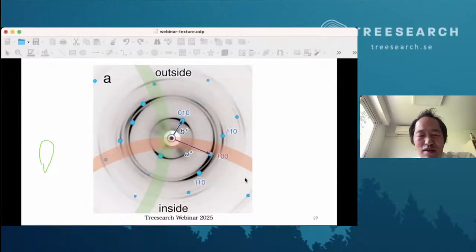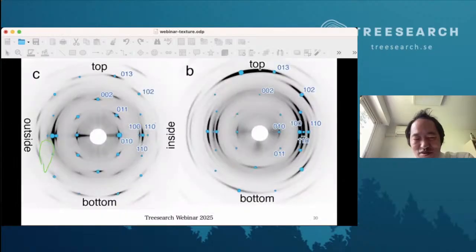If it was just one plane with respect to the membrane with microfibrils pointing up and down, then you should have a pattern that is symmetrical along the vertical axis. Now you have a pattern that is completely asymmetric around the vertical axis, which means that all microfibrils are pointing in one direction. And when I say one direction, it means that the reducing end is always, in this case, from top to bottom of the tube.